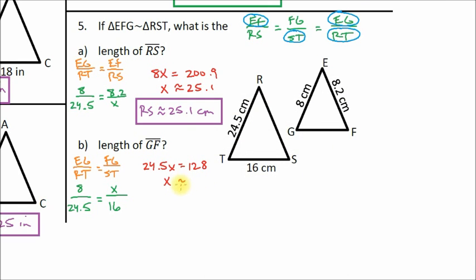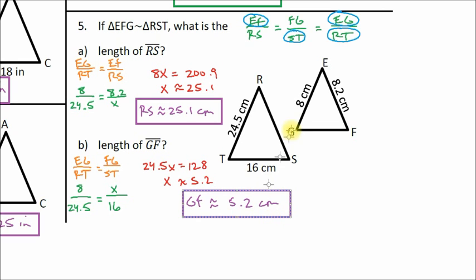So approximately 5.2, and that means our final answer is GF is approximately 5.2 centimeters. So you see that once you learn this process, it's the same thing over and over. Just run the process. Don't worry about decimals. It all works out if you set up your proportionality statement and set up your proportion and then solve for the missing part.